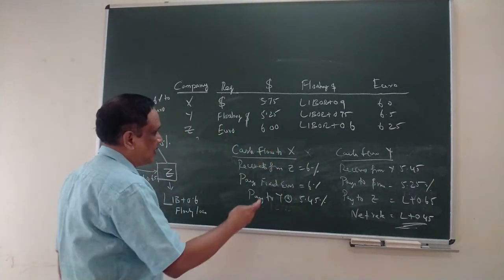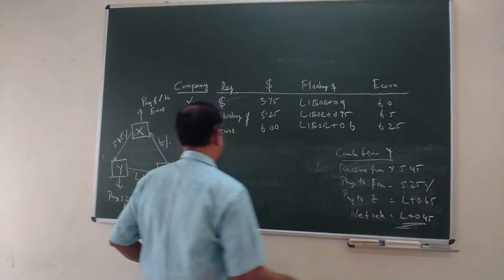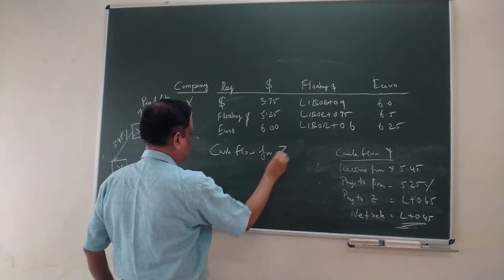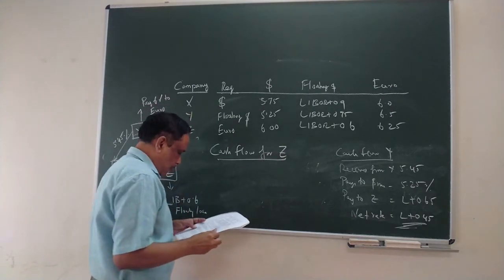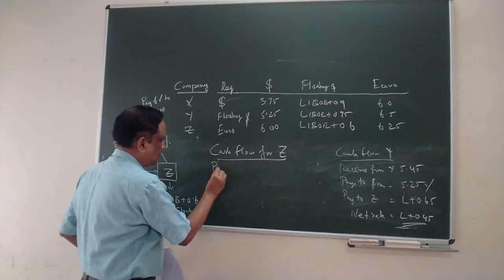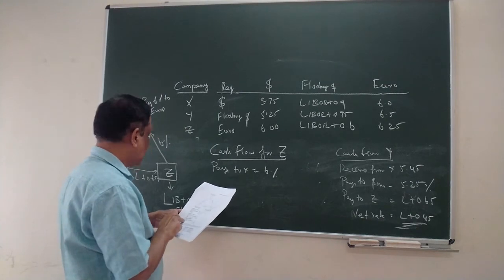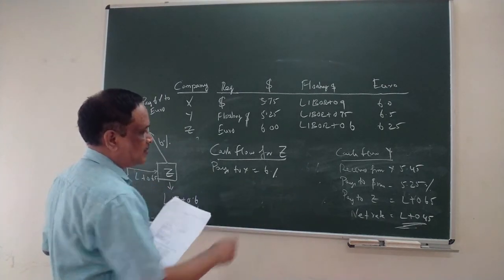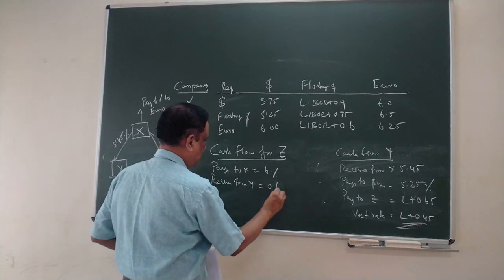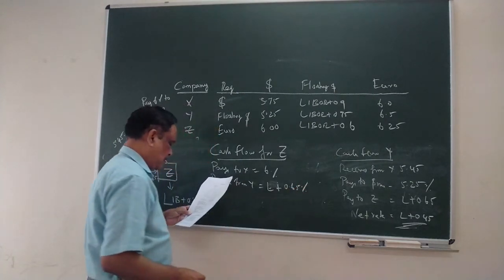And now let us see the cash flow for Z. It pays to X 6%, and receives from Y L plus 0.65%.